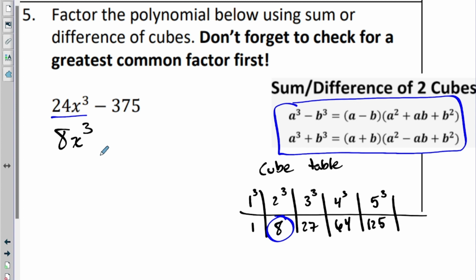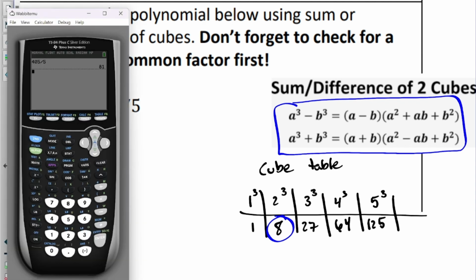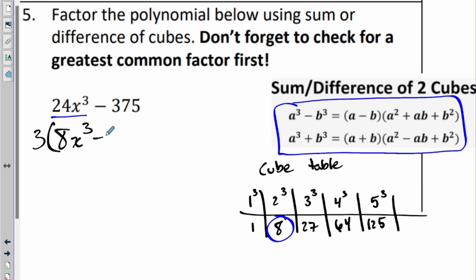So I need to factor out the number that leaves me with 8, which is 3, because 3 times 8 is 24. Hopefully 3 can go into 375. It'd be a mean problem if it couldn't. 375 divided by 3 is 125. So this becomes 3 times 8x cubed minus 125.